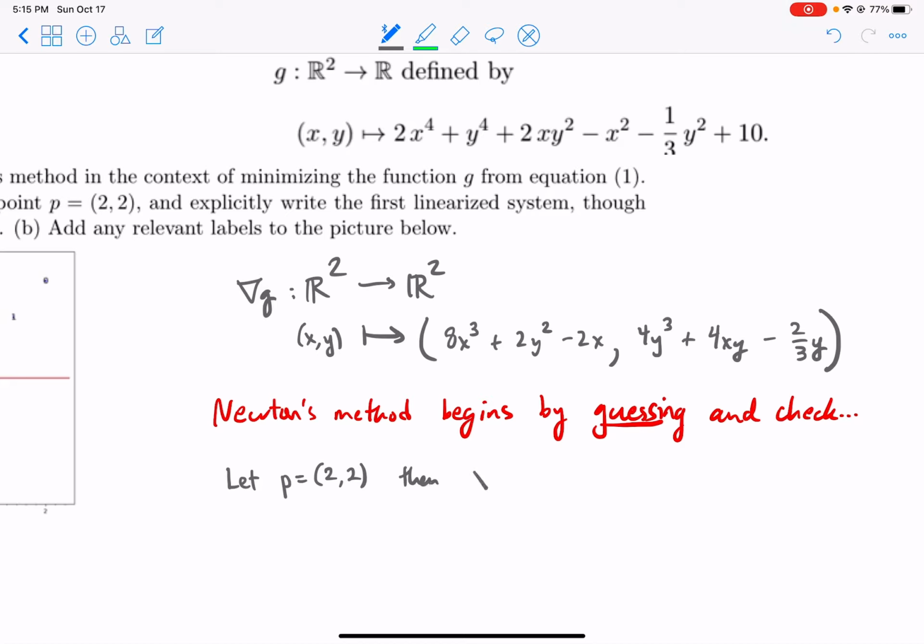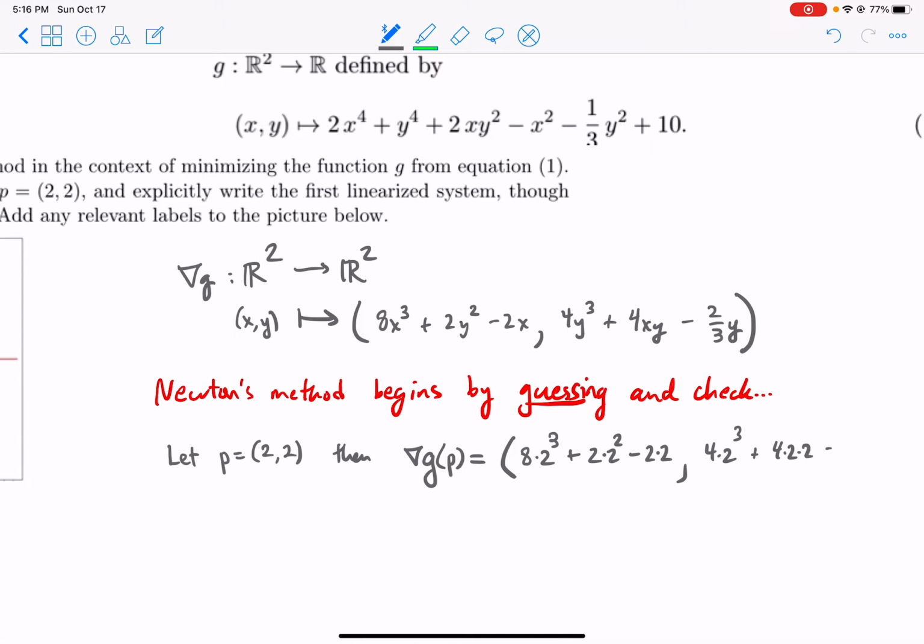Then the gradient of g at p, well, I have to plug in 2. This one becomes 2 to the third, 4 times 2 times 2, and minus 2/3 times 2.